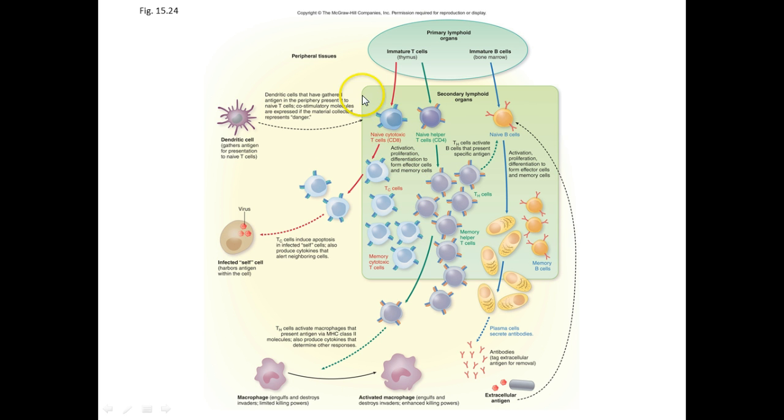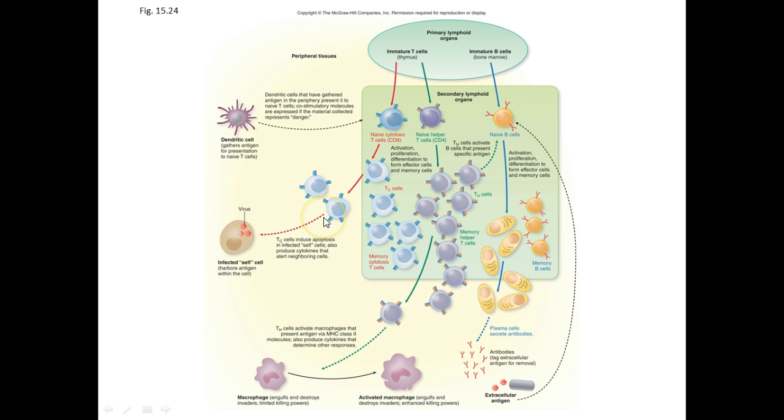Cytotoxic T cells, these really cool killer CD8 cells, would be activated by a presenting cell coming along. T cells have to have antigen presented to them, so a dendritic cell or a macrophage in the particular area they're in is going to present to them. You're going to get memory cytotoxic T cells that stick around at the activation site.